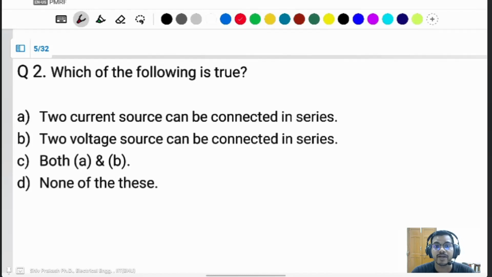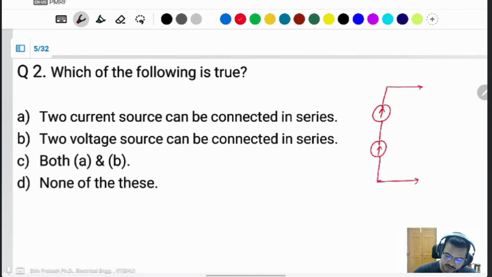Two current sources can be connected in series. Someone said B option. Yes, fine. This will be 5 ampere current, and this will be, suppose, 3 ampere current. B option, yeah, correct.